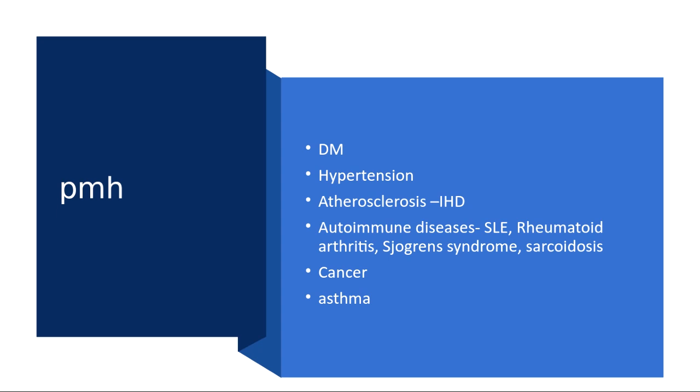We tend to ask about asthma too, because a lot of the treatments that we give, say for glaucoma, the glaucoma drops quite frequently have a beta blocker, and that would be contraindicated if the patient is asthmatic. So these are some of the important things that you have to elicit in the past medical history.